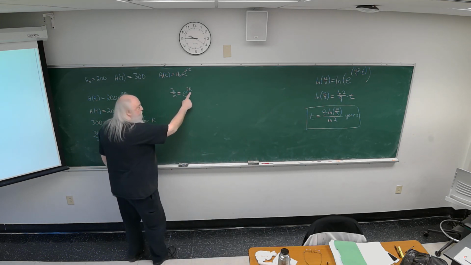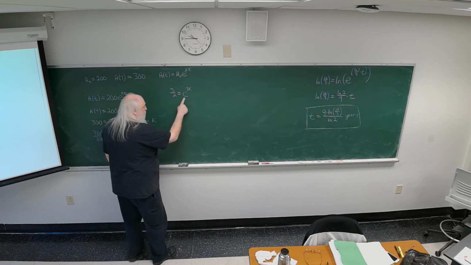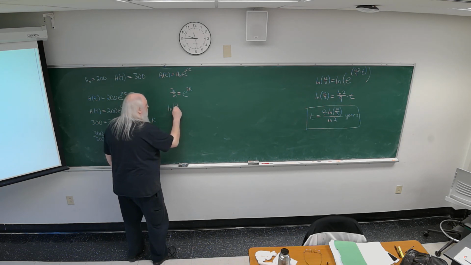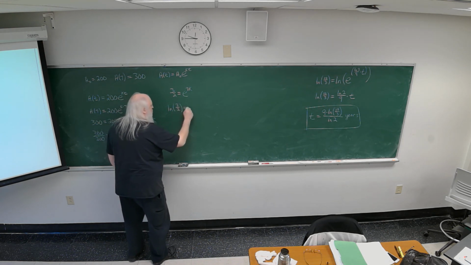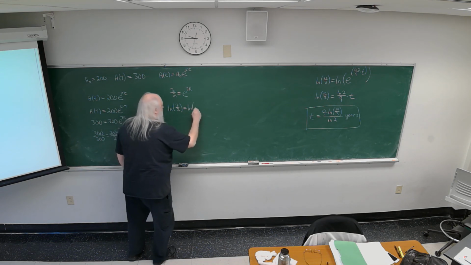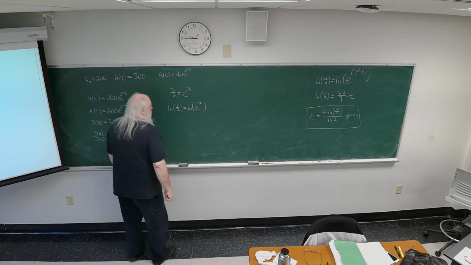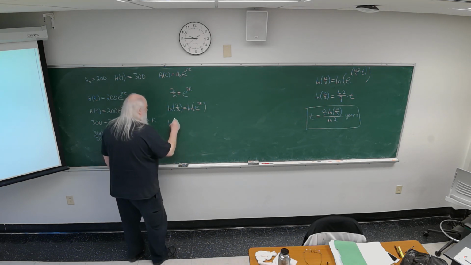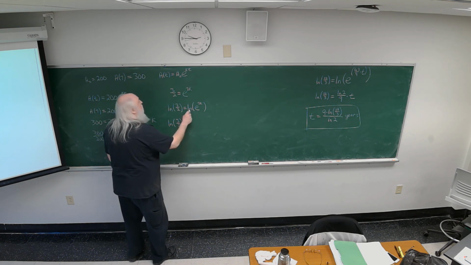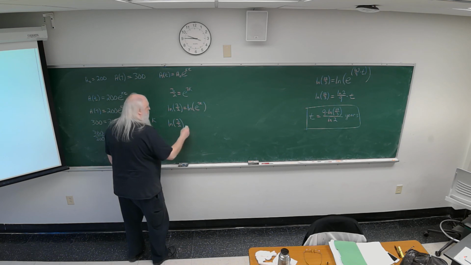Solving for k, the inverse function of the natural exponential function is the natural log function. So we have the natural log of 3/2 on the left is equal to the natural log of e to the 7k on the right. The natural log and the natural exponential function are inverse functions of each other, they cancel.